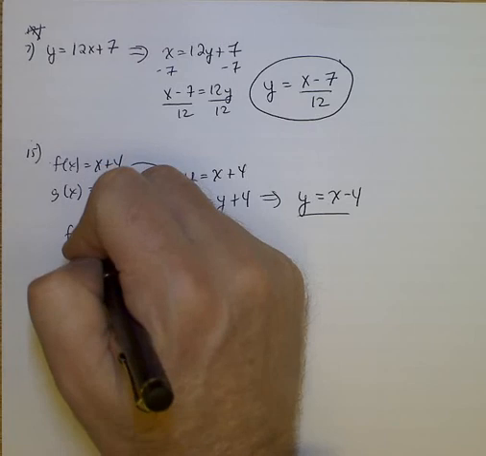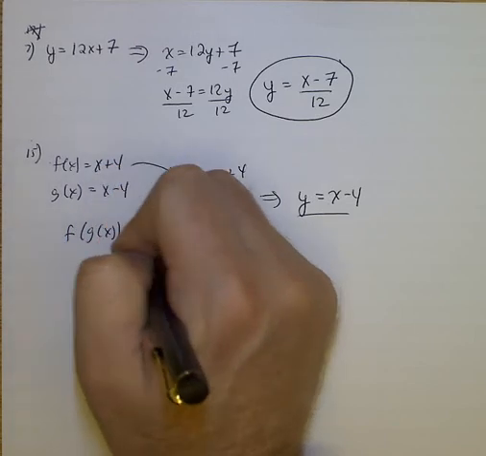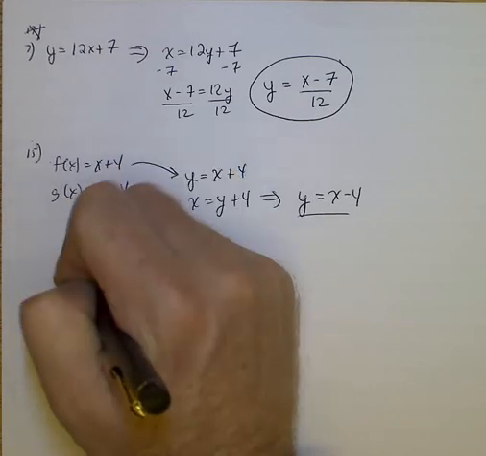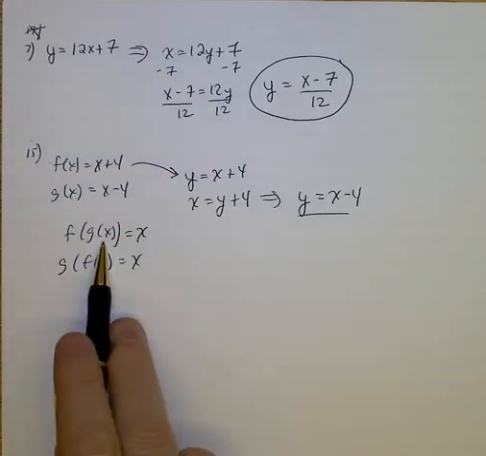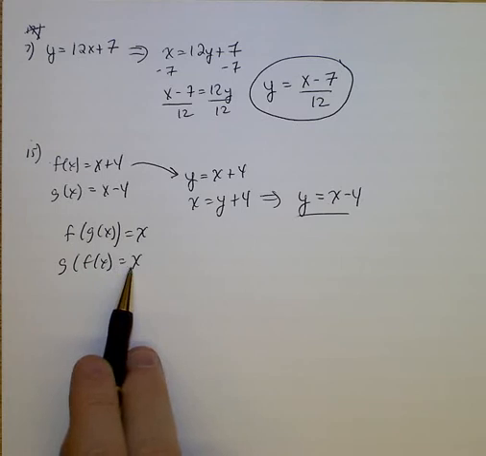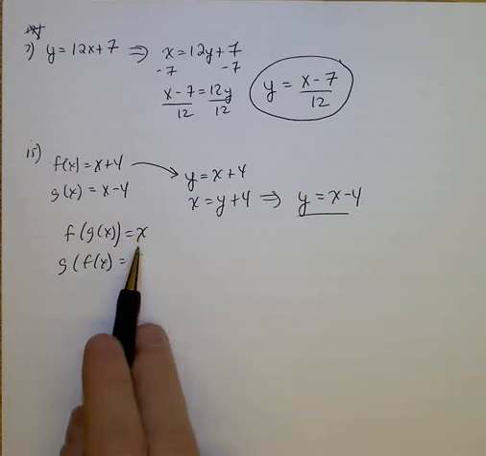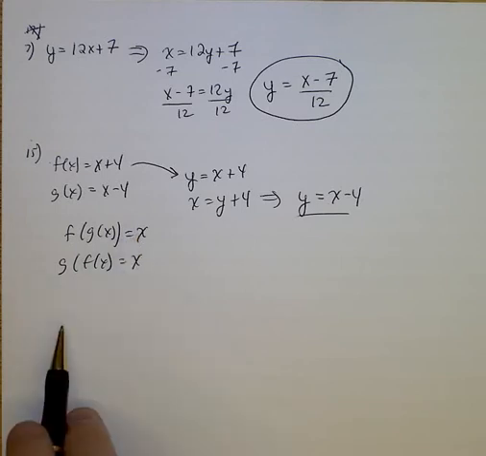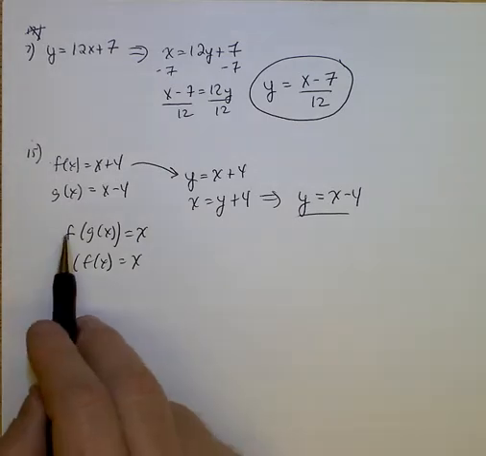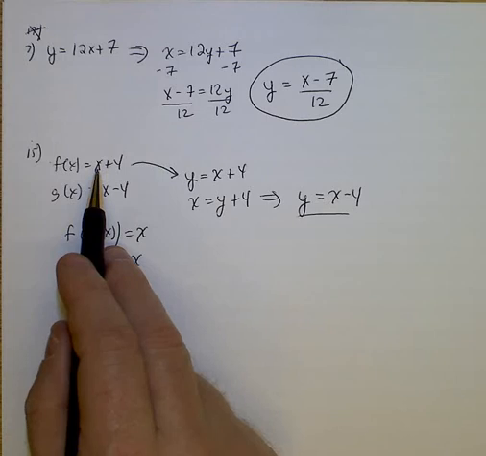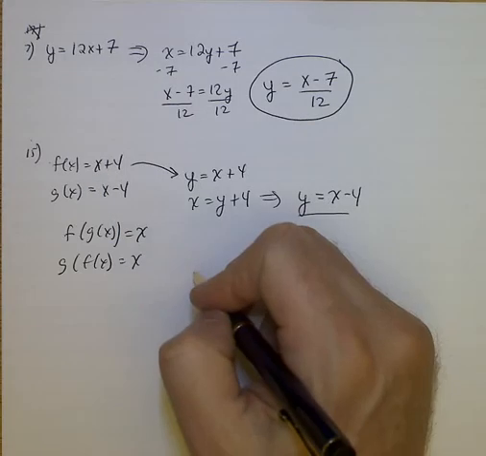And remember, two functions are inverses of each other if these two conditions hold true: f of g of x equals x and g of f of x equals x. Both have to be true for you to declare functions as inverses. Let's do f of g of x first. Our outer function is f, so we're starting with f. And we're going to substitute g of x in it every time we encounter an x in f of x.